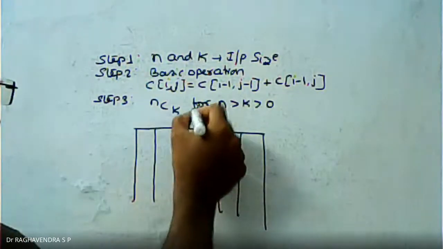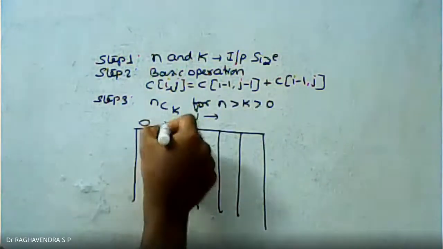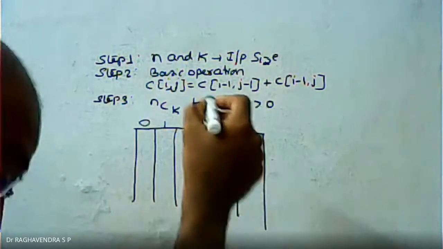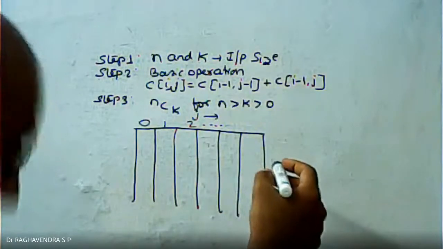So this is j: the 0th column, first column, second column, and so on up to k equals 4.